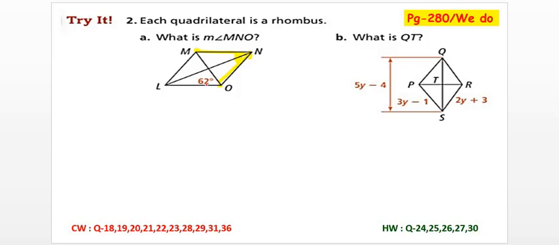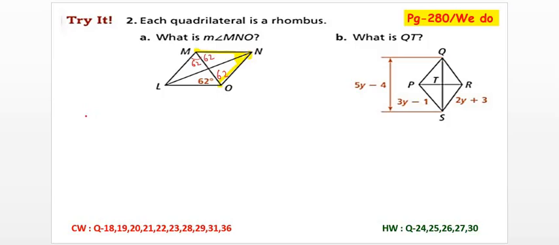So if this angle is 62, in the rhombus, all these four angles, or you can say this pair is equal to this pair. So this one will be 62, this one will be 62, and this one will be 62, right? It's simple now. The sum of all the four angles of a rhombus is 360, right?